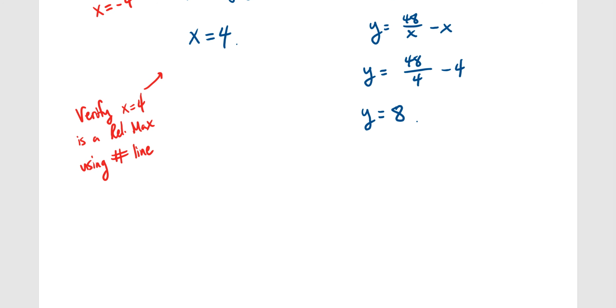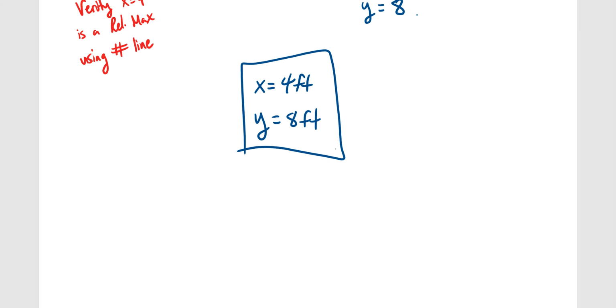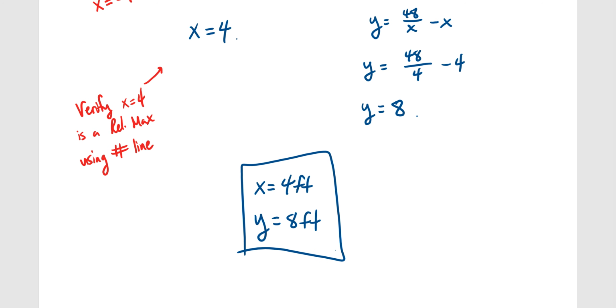So that's going to maximize the volume of that shape when x is 4 feet and y is 8 feet. So using those dimensions on that shape will give you the largest volume. Okay, so that is it for this optimization section.